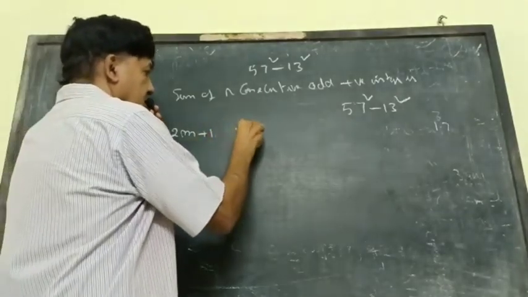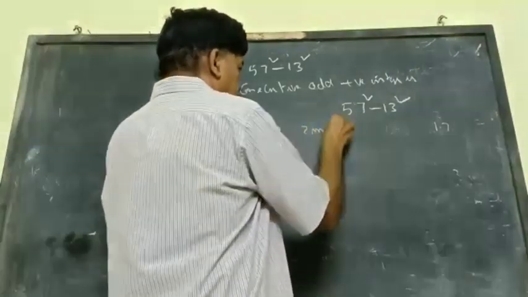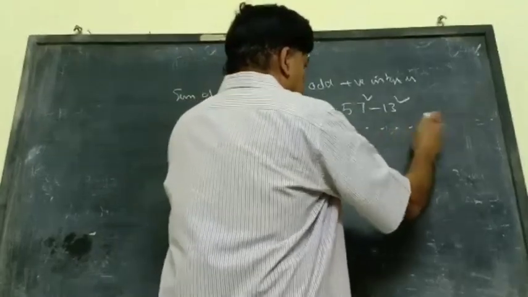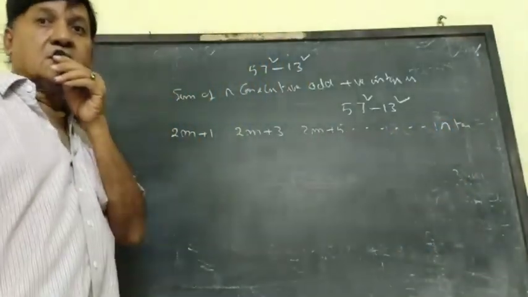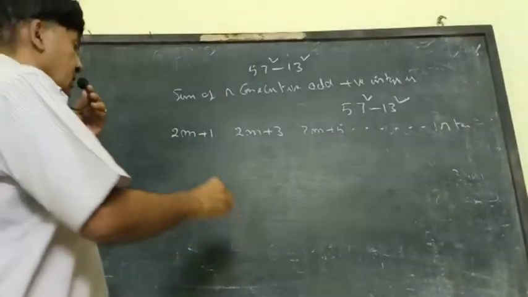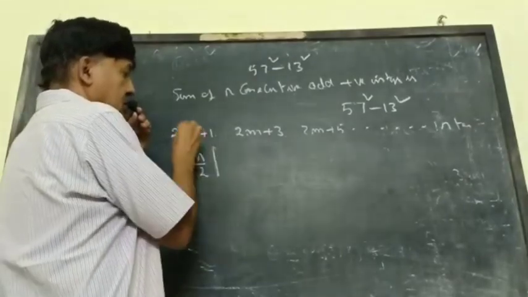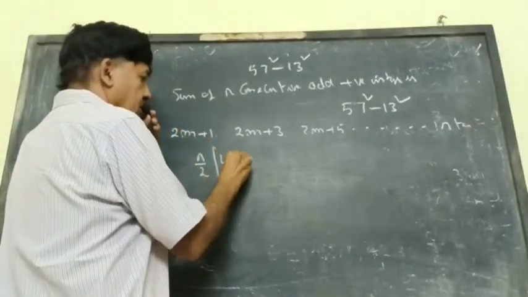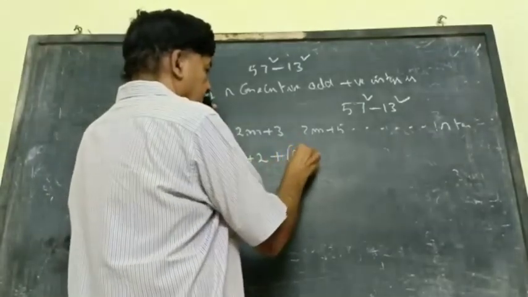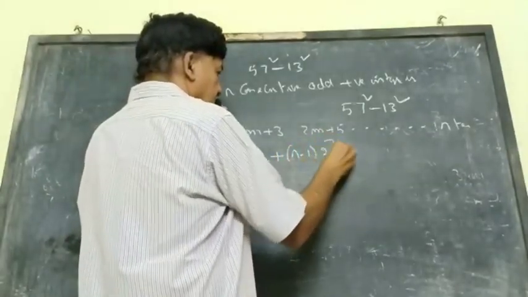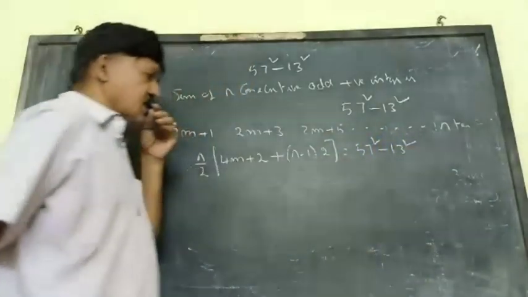Next is 2m plus 3, next is 2m plus 5, etc., n terms. Now, n by 2 into 2a means 4m plus 2 plus n minus 1 into 2 is equal to 57 square minus 13 square.